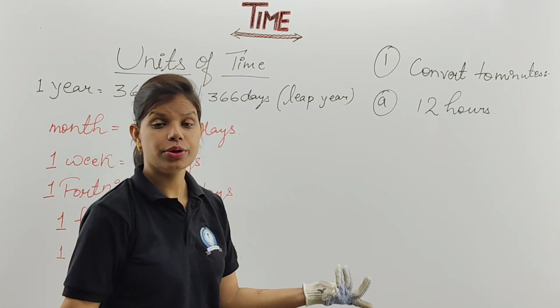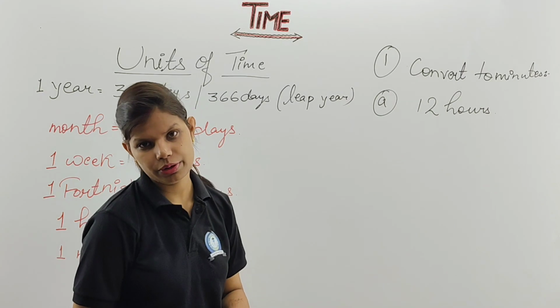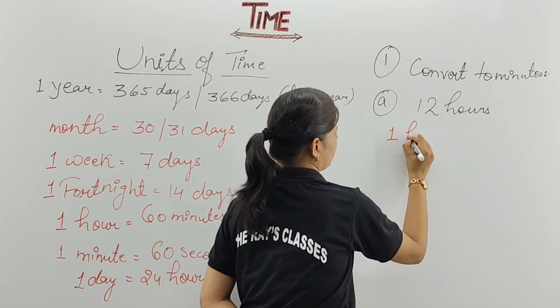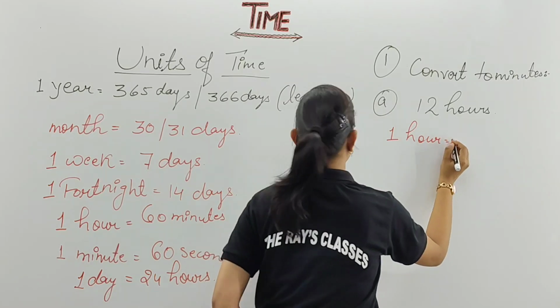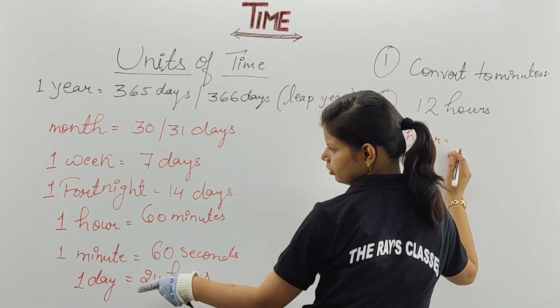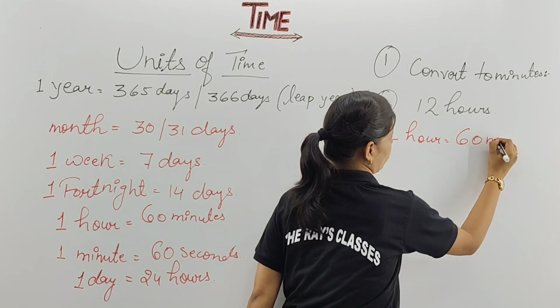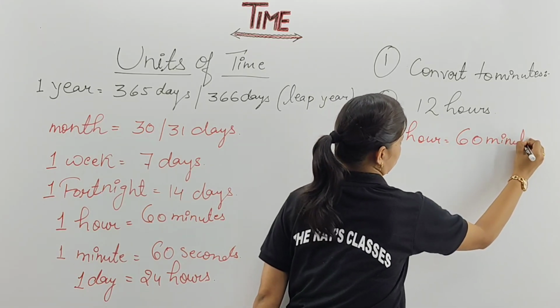It is hours, bigger unit, and your minute is your smaller unit, children. So you can write from here, 1 hour equal to your how many minutes? 60 minutes. Please note it down. 1 hour equal to 60 minutes.